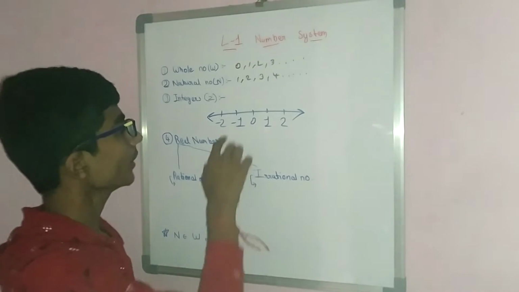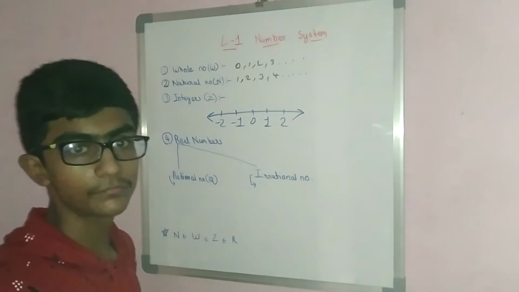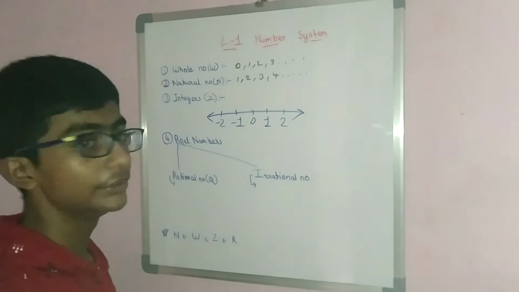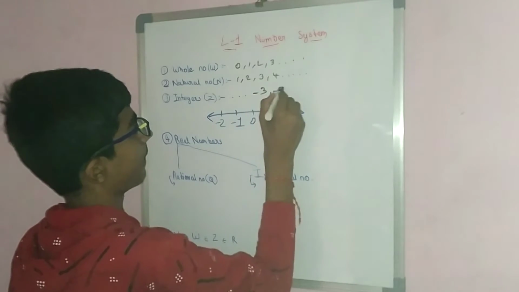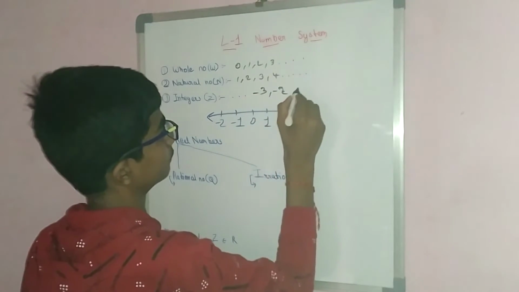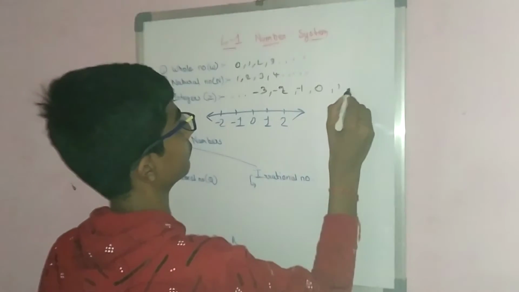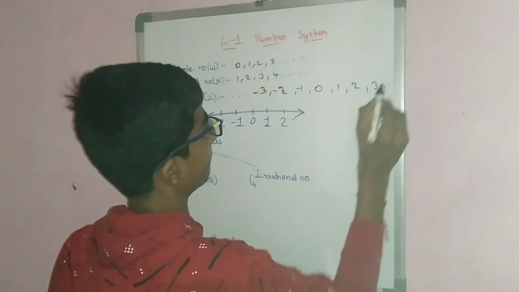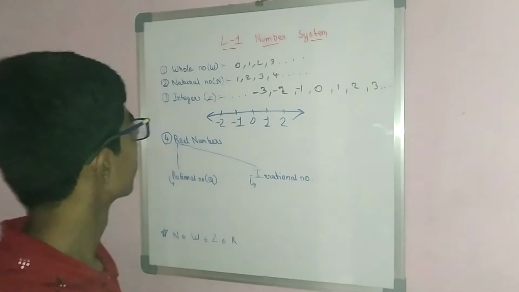All the negative numbers and all the positive numbers are called integers. Here I'll write, they are infinite from both sides.